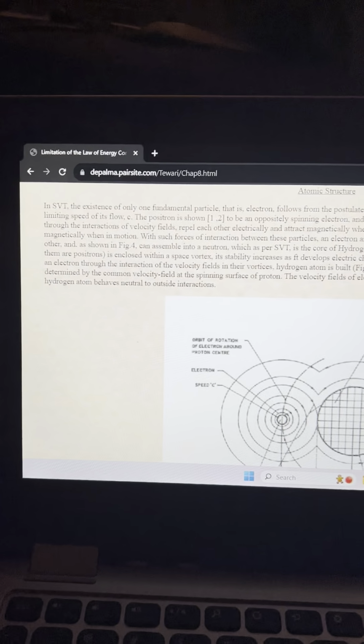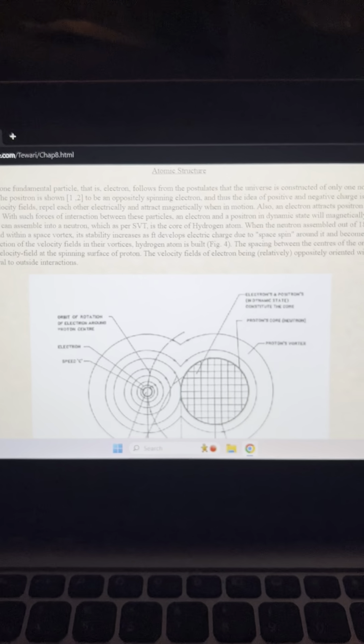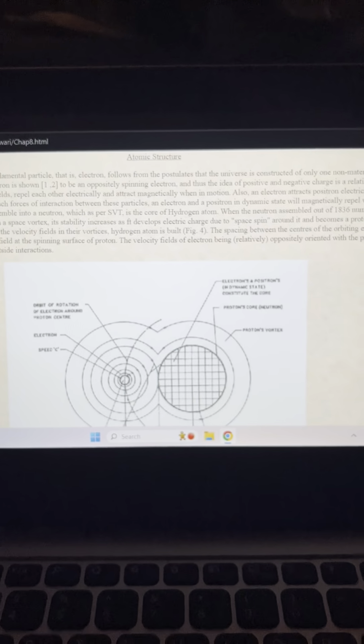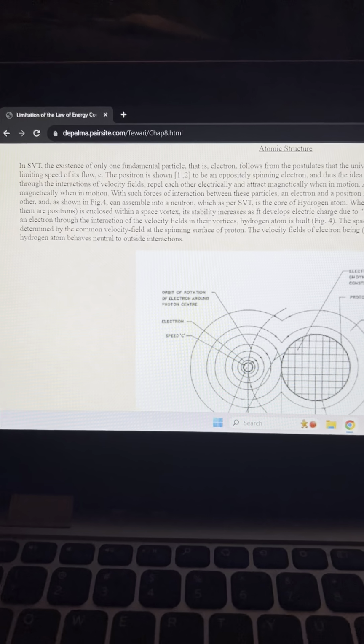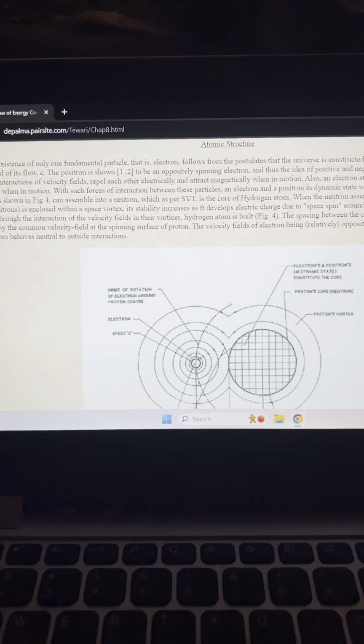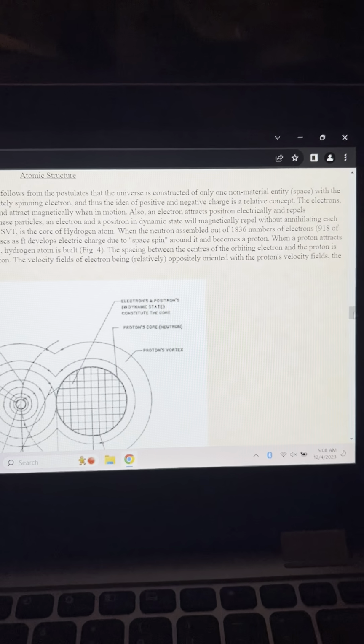With the limiting speed of its flow, c, the positron is shown, 1, 2, to be an oppositely spinning electron, and thus the idea of positive and negative charge is a relative concept. The electrons, through the interactions of velocity fields, repel each other electrically and attract magnetically when in motion.